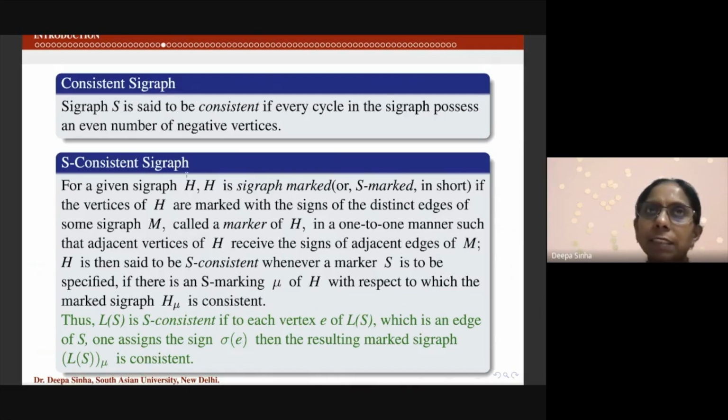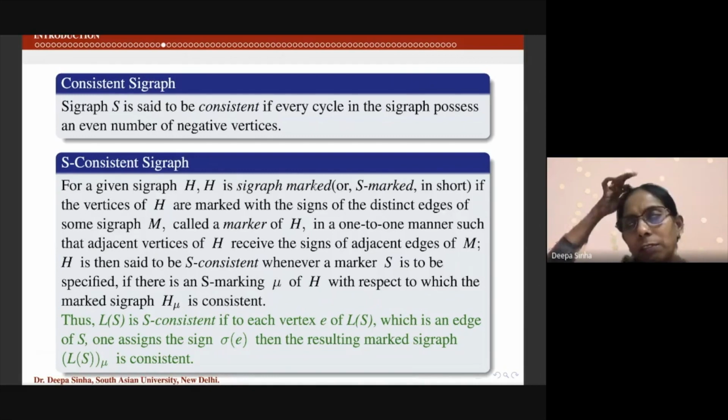So if the edges are negative in S, the marking will be negative for that edge, which is present as a vertex in LS as negative. And if it is positive there, then the corresponding edge here can be marked positive in LS.